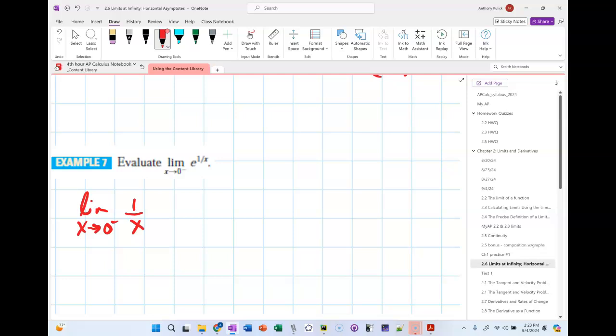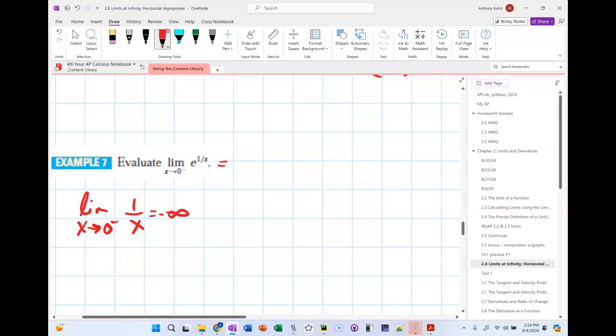So you're plugging what kind of numbers into 1 over x, positive or negative? Negative. So this is going to negative infinity. Right, you're plugging in like negative 0.1, negative 0.01, negative 0.001. So you're getting like negative 10, negative 100, negative 1,000. Everybody's cool on seeing that?